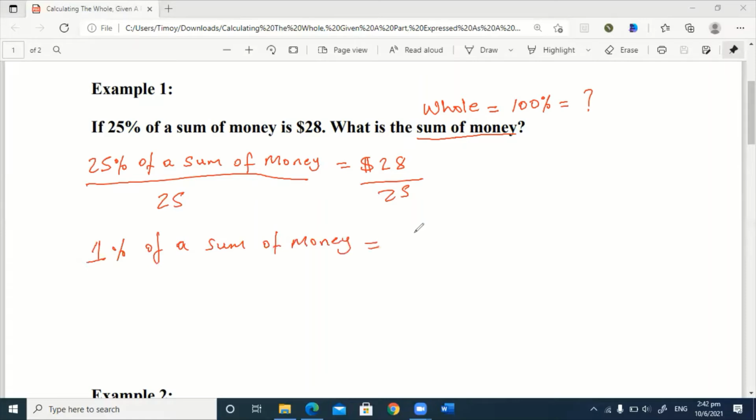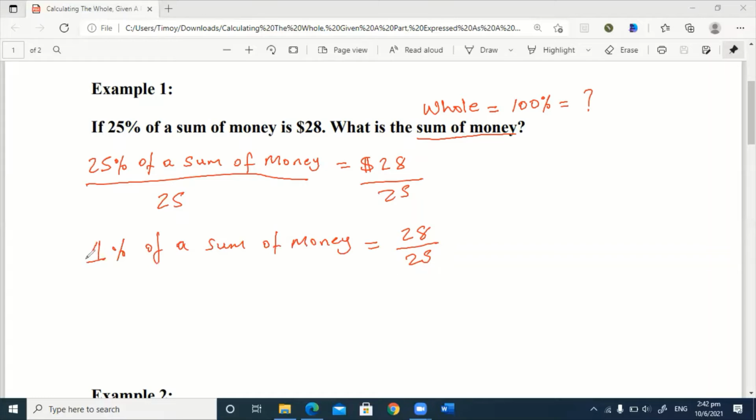It is going to equal 28 divided by 25. We have the option of simplifying this into its lowest term, or we can work with it as such. I will work with it as such.